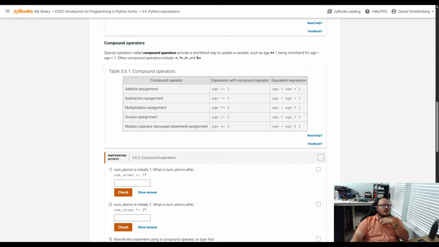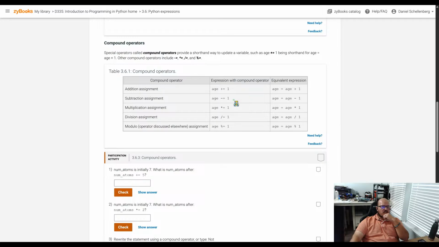Okay, so other compound operators. Here it shows us age plus 1 instead of age equals age plus 1. This is addition assignment. So age equals age plus 1 is what it's saying.